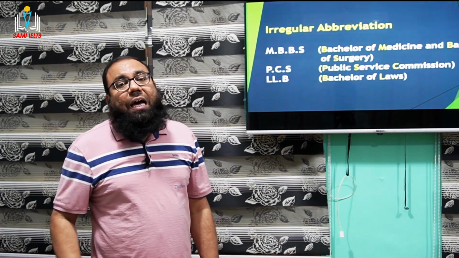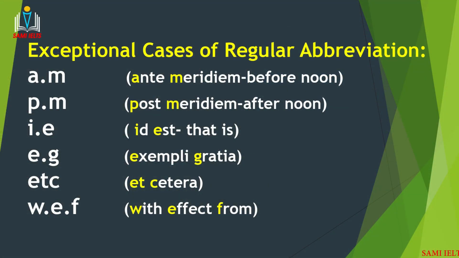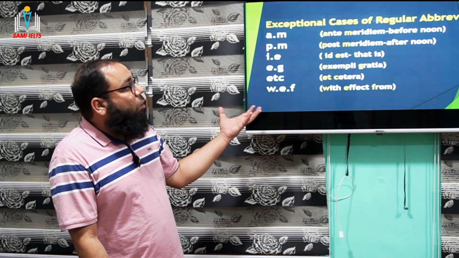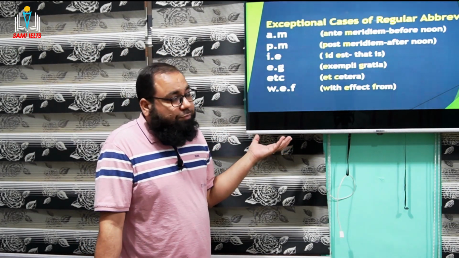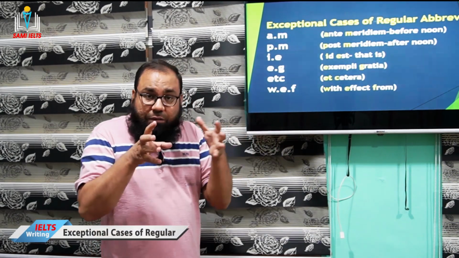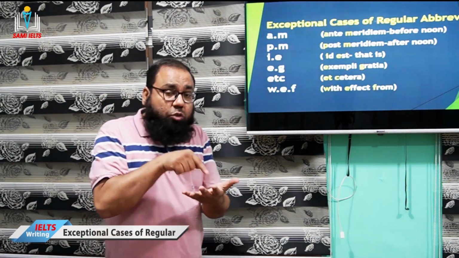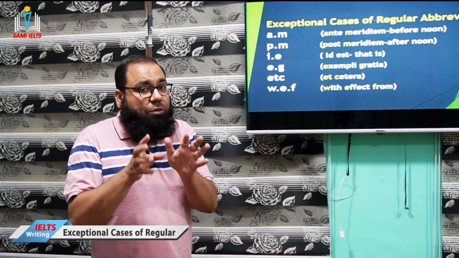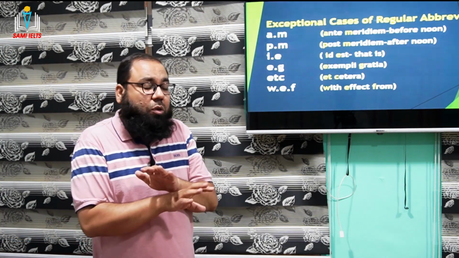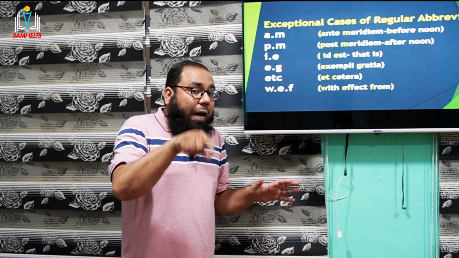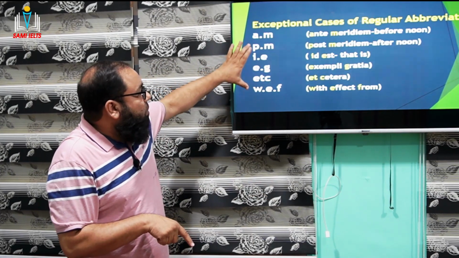Guys, remember, we have some exceptional cases. Now look here, please. These are individual abbreviations. According to the rules, I just taught you that all individual abbreviations are always capital, right? Exceptional cases are here.